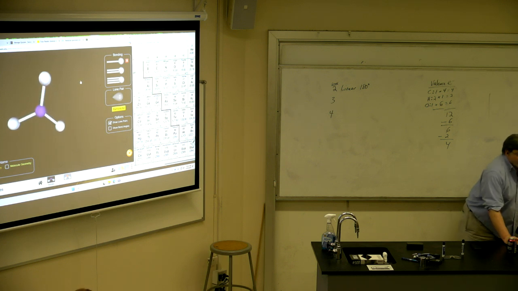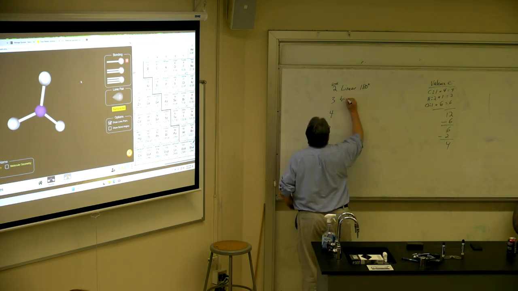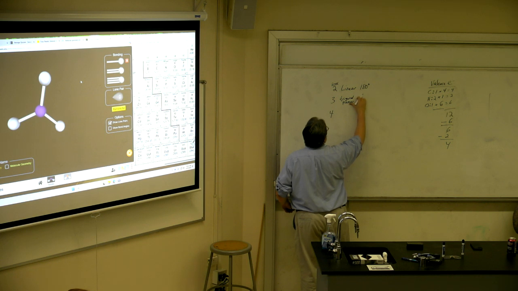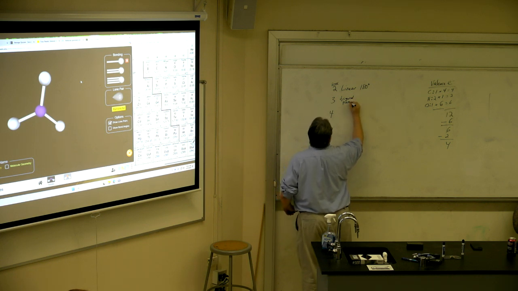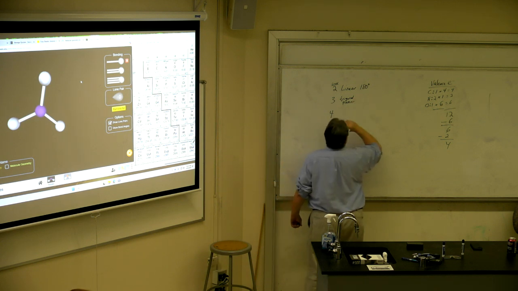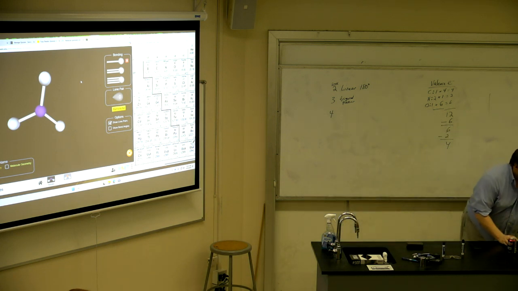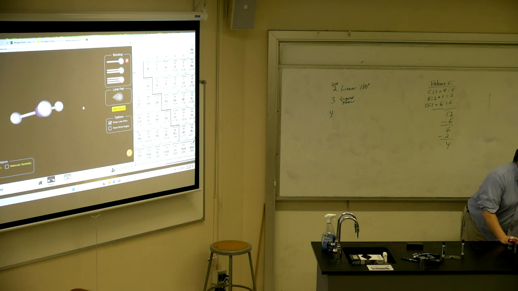We call that trigonal planar, that's right. So it's a sensible name. This is what we call this molecular shape, trigonal planar.